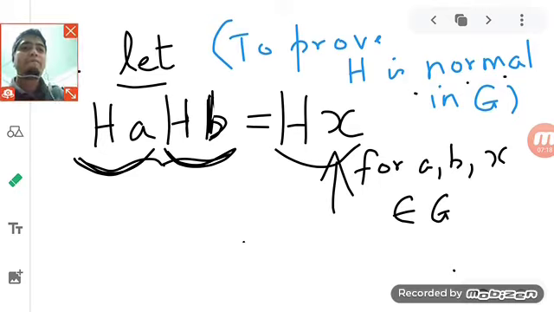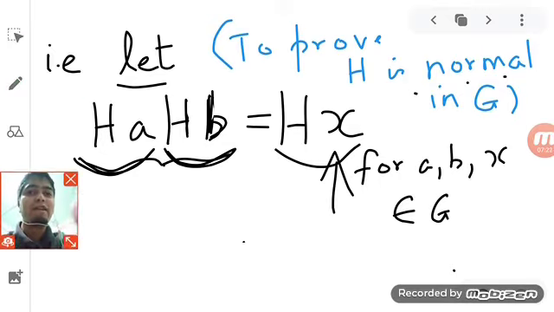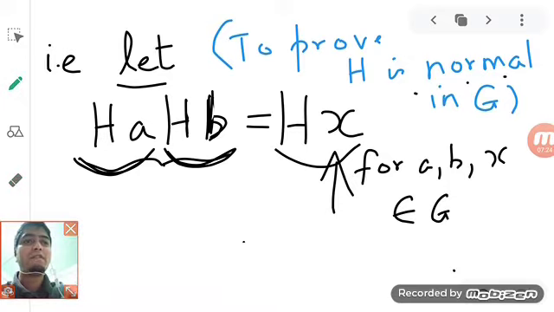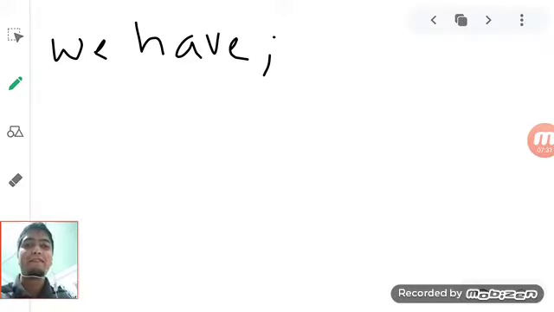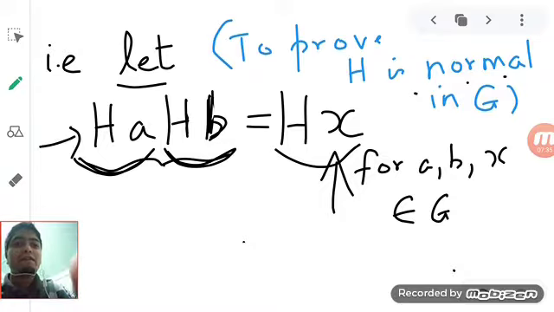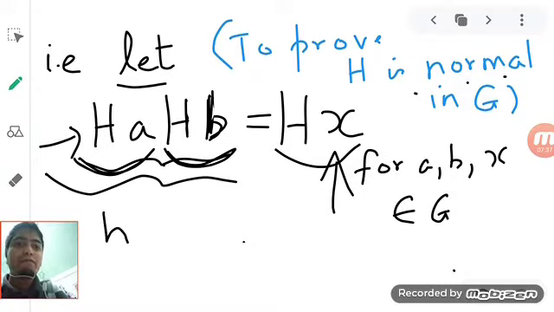An element of HAHB will look like this. We have done a similar thing in theorem 2. An element of this set will be in this way: h1a, h2b.